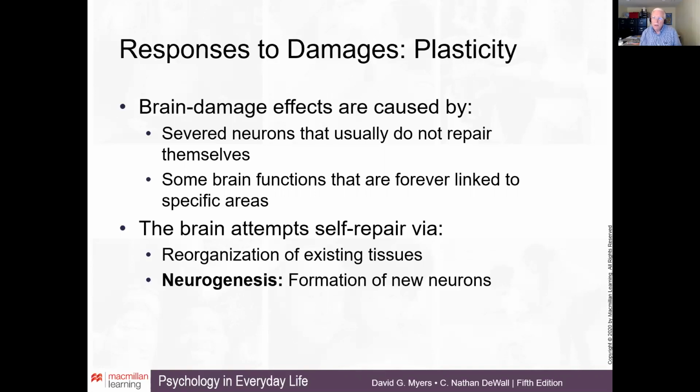There is some formation of new neurons in the brain through the process of neurogenesis. And one interesting area of research that's being explored nowadays is to take stem cells, which are new undifferentiated cells, and implant them in different areas of the brain so that they can then take on the characteristics of the neurons in that area and help that part of the brain to function better.